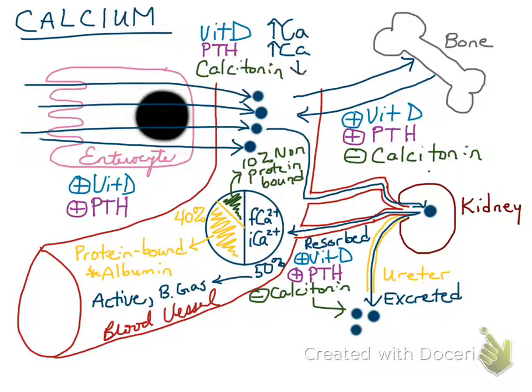So its job is to decrease calcium in the blood. So just think of tone down: calcitonin tones down calcium. So that's it, a general overview of calcium physiology and then also the hormonal regulations of calcium concentrations within blood.